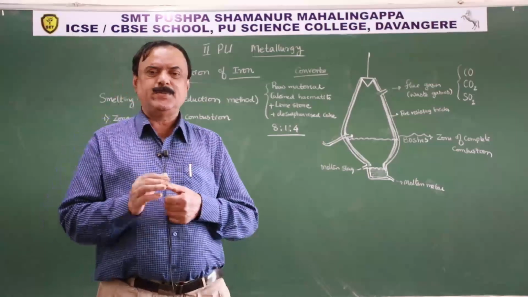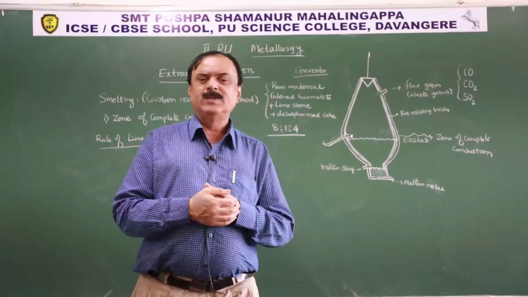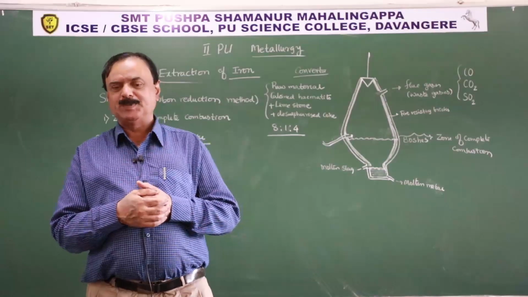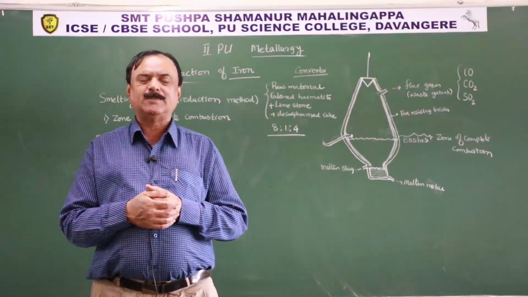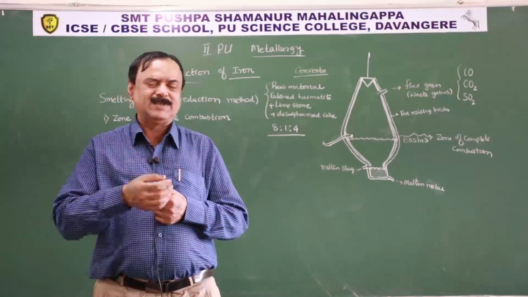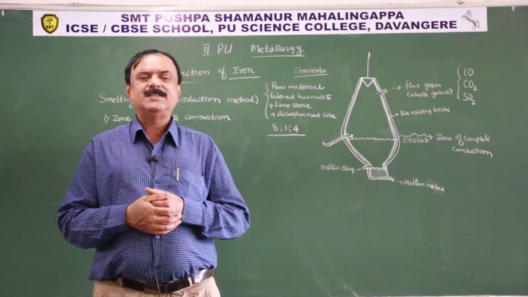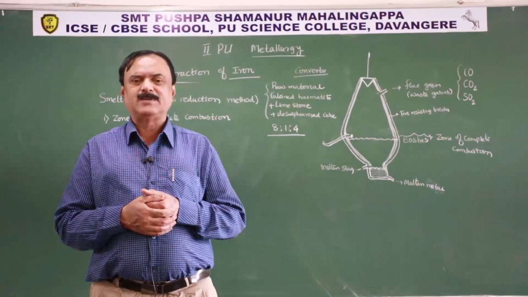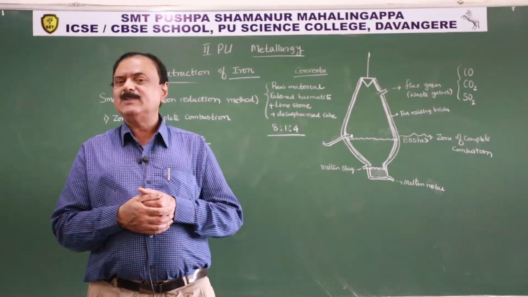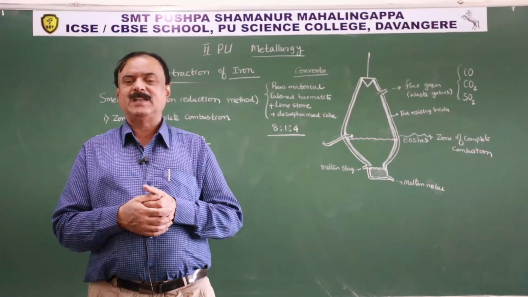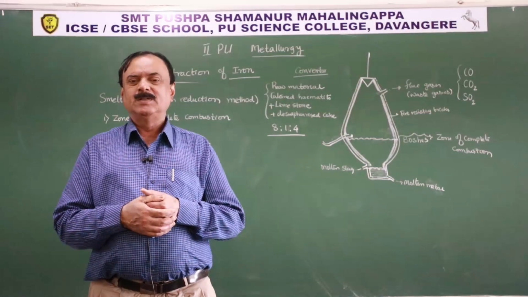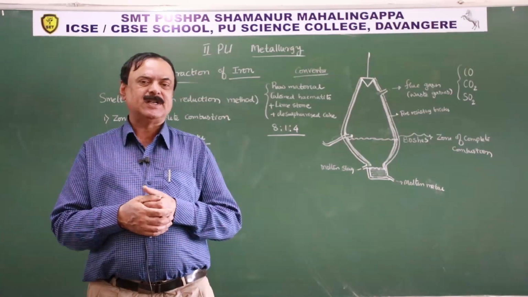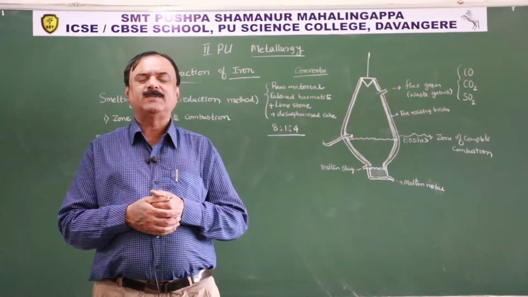That is why before using this coke, it is subjected to a calcination process, that is, heated at very high temperature below the melting point in a limited supply of air or oxygen. Then the sulfur components, if any, present along with the coke undergo oxidation below the fusion point of the metal.